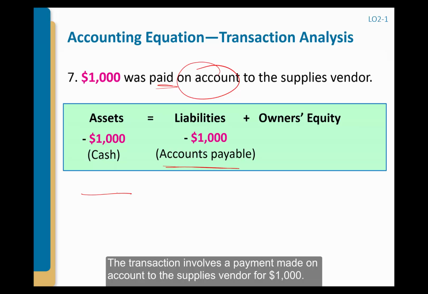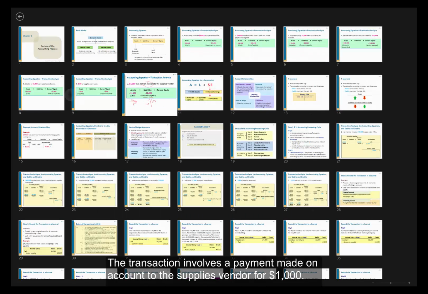So in this case, you're crediting cash for $1,000, and then in your liabilities, your accounts payable, you're now debiting your accounts payable because you're reducing it. Remember, accounts payable increase on the credit side. So make sure you understand that you are not going ahead again and adding the expense.